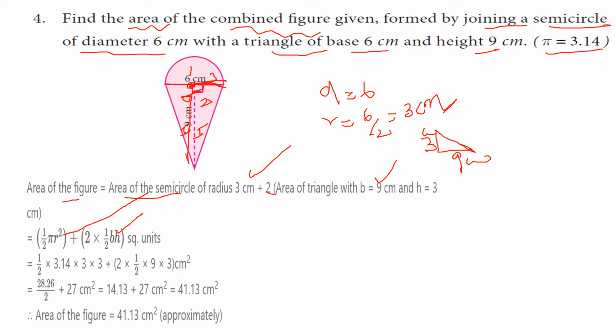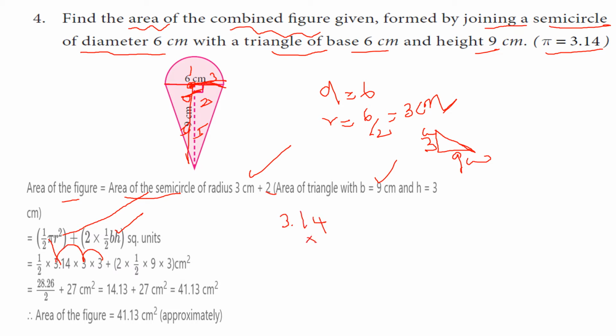So half into pi value 3.14, r is 3, so 3 into 3, plus 2 into 1 by 2 into 9 into 3. Here multiply 3 3s are 9, 9 into 3.14. So 3.14 into 9.